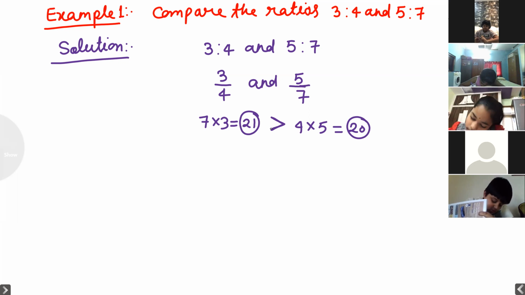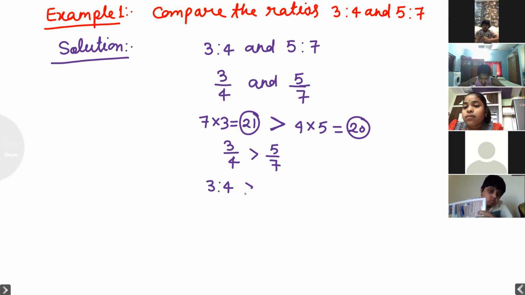It means 3 by 4 is greater than 5 by 7. Again, this fraction I can write in ratio form: 3 is to 4 is greater than 5 is to 7. Very simple concept, student.